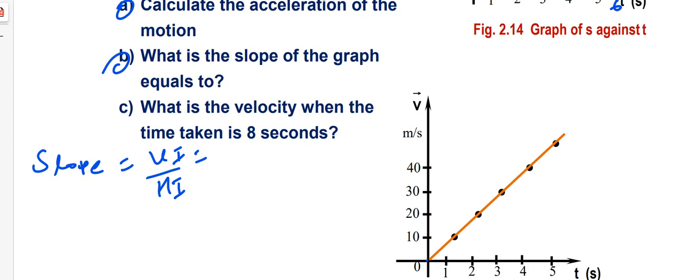Let me calculate here. Vertical increase from 0 to 10 means 10 minus 0 is 10. Time is 0 up to 1, so it is 1. It is 10 meter per second square for each point.